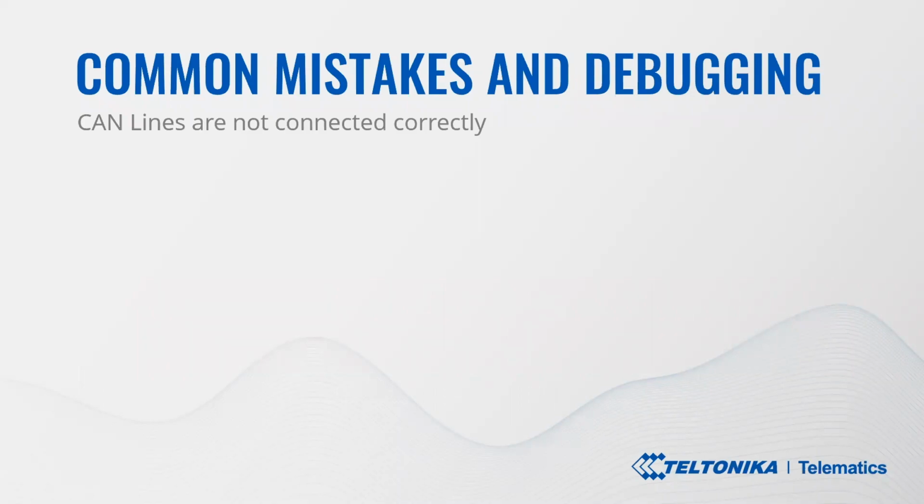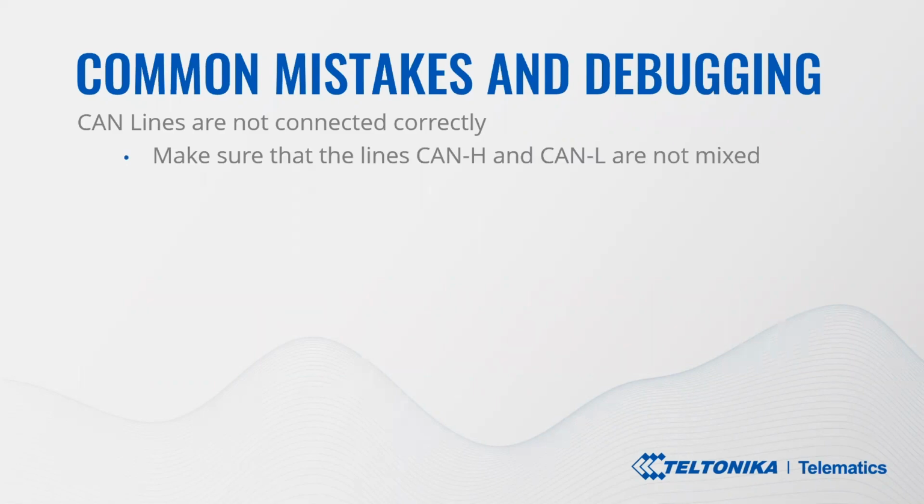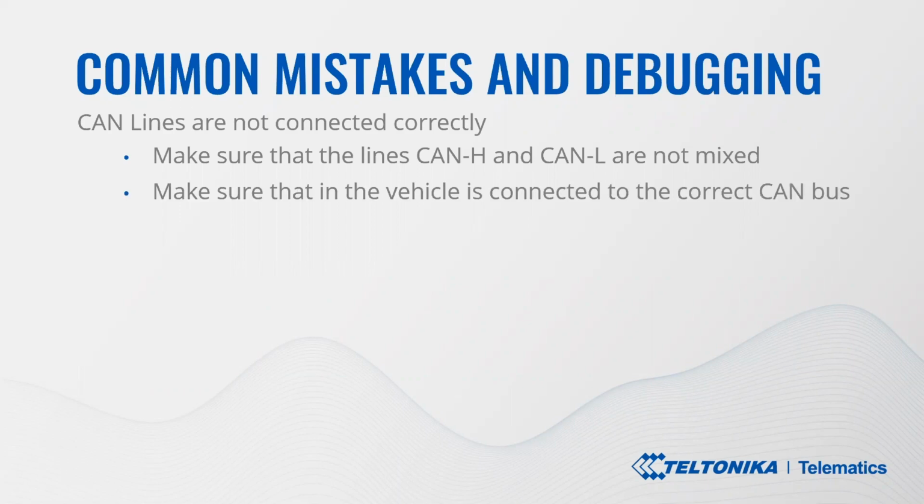The mistakes in regard to connection are usually related to mixing wires. So make sure that CAN-H and CAN-L wires are not mixed. Make sure that you follow the pinout. Also, make sure that you connect to the correct CAN bus.